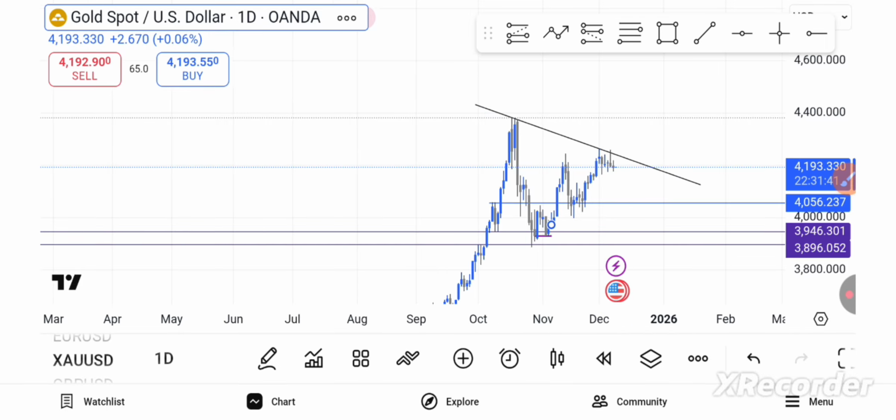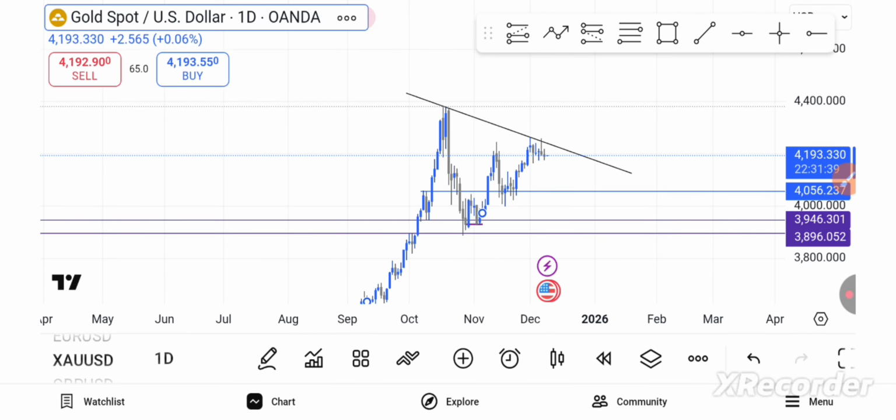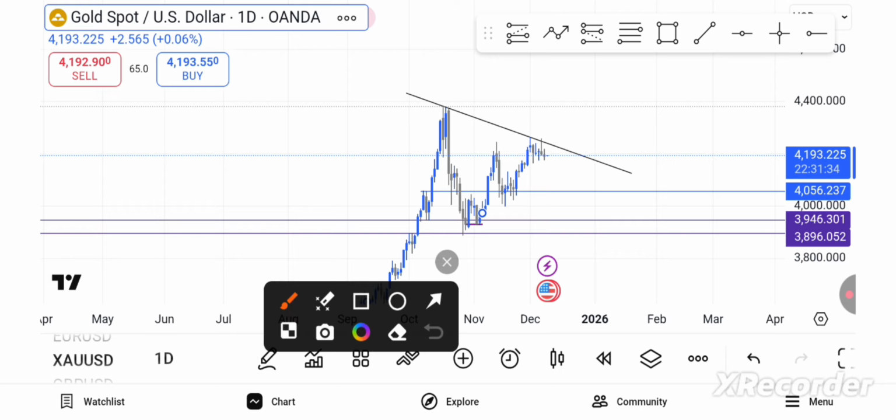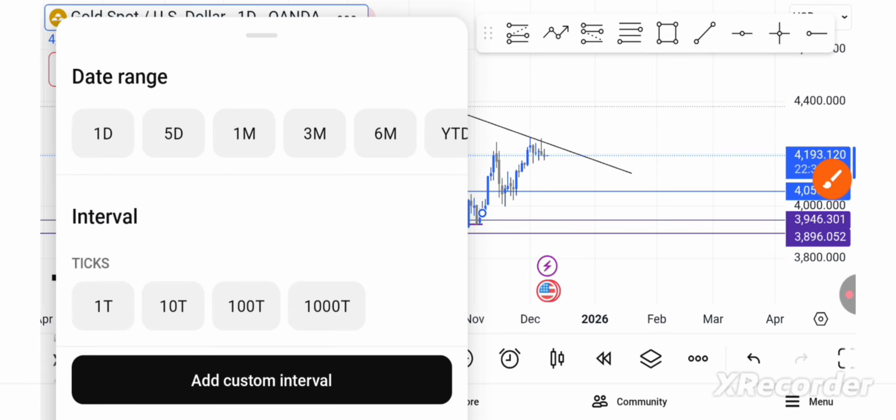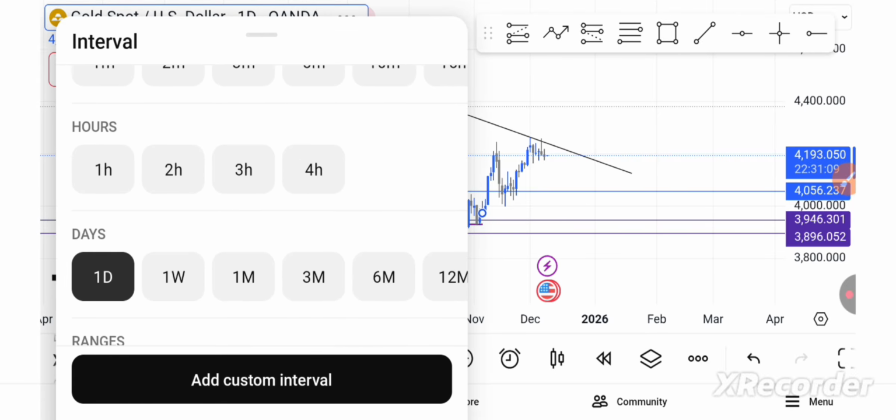From this very point, if you've noticed, we've been having a little bit of rejections. Sellers try to pull in and the market is heading downwards. Let's see this a little clearer from a lower time frame. Let's head down to the 4-hour time frame.